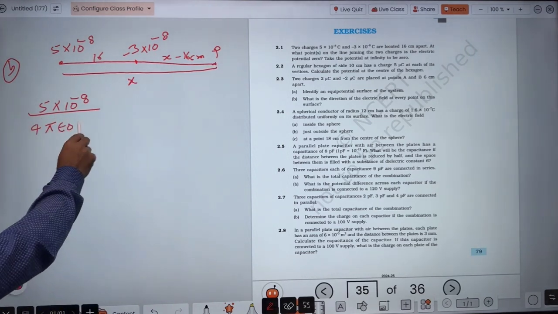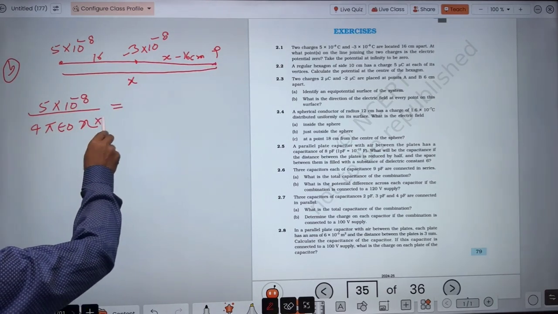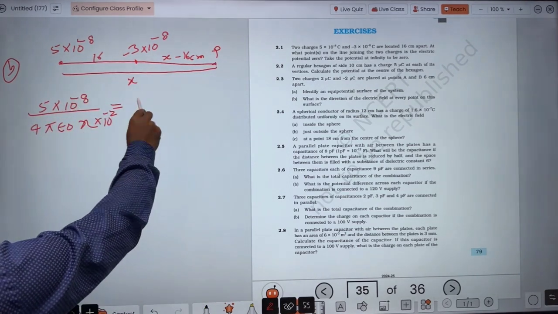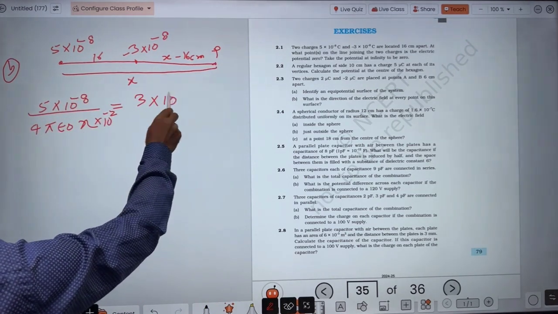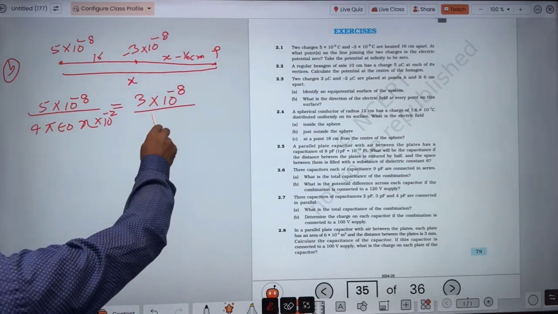Now again you can simplify: 10 power minus 8 cancels out, 4 pi epsilon naught cancels out, 10 power minus 2 cancels out. Now just take 1 minute to get x. Try.